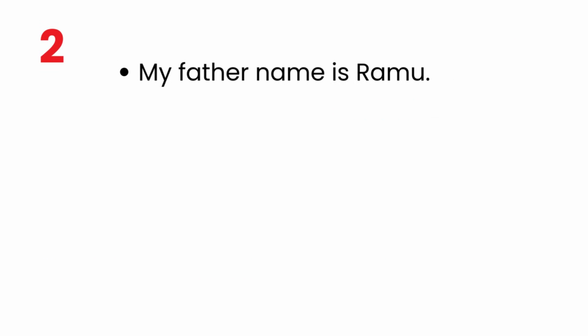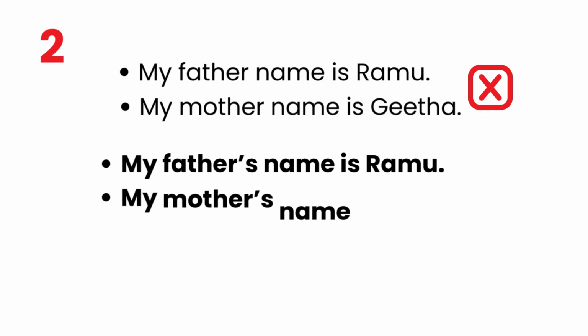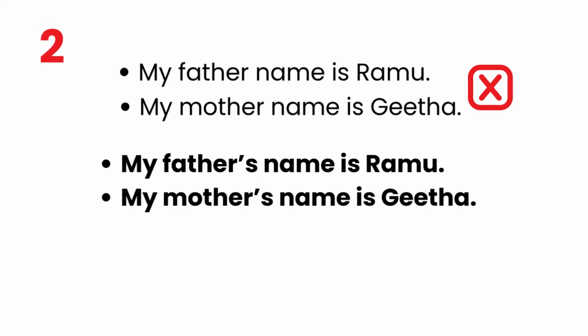Next one. My father name is Ramu. My mother name is Geeta. That is also wrong. So, அதை நீங்க எப்படி சொல்லணும்? My father's name is Ramu. My mother's name is Geeta.